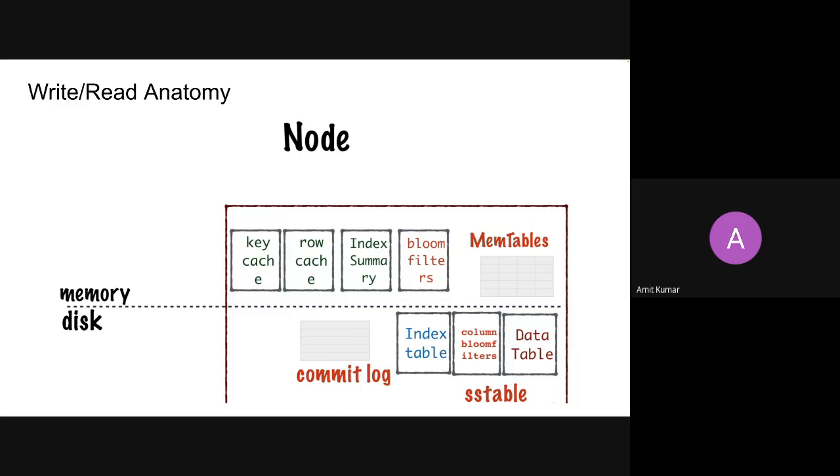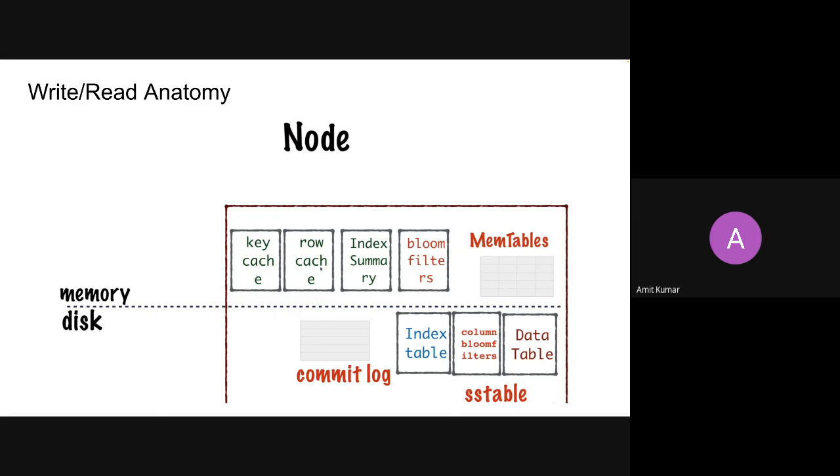When it has identified that, it will retrieve that location, and from the column Bloom filter, it will identify the columns it will request in memory, and then it will retrieve all those columns.